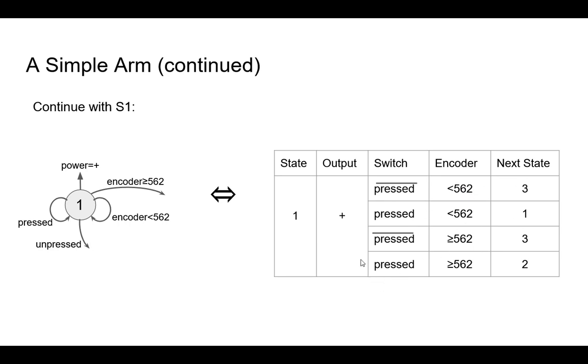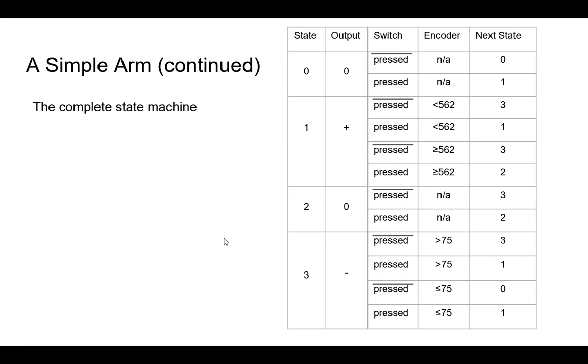Okay, so this completely describes this figure because this arrow goes to state 2 and this arrow goes to state 3. And so you understand the equivalency between that diagram and this compound row of a table. We would do the same thing for the other states, and we'd end up with this.